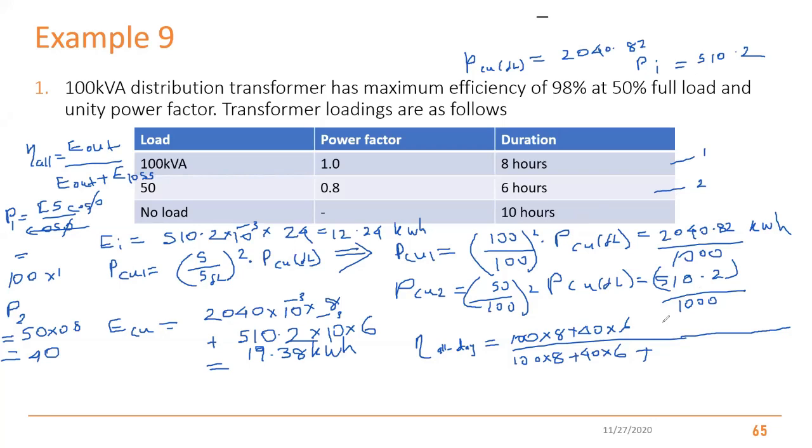This value, energy 12.24 plus 19.38. The efficiency is 97.05.